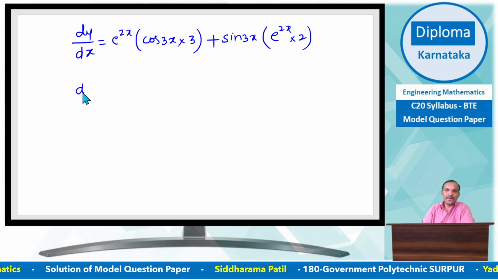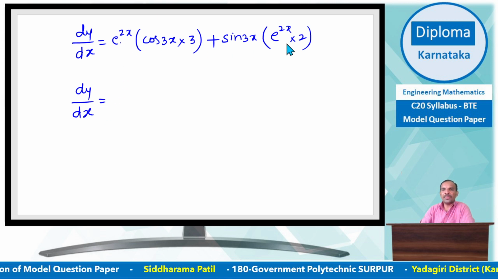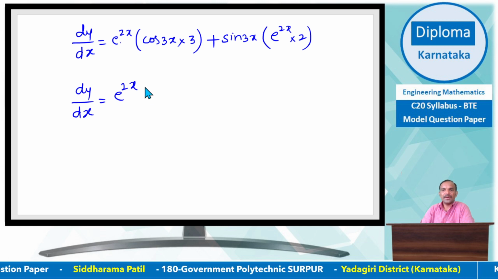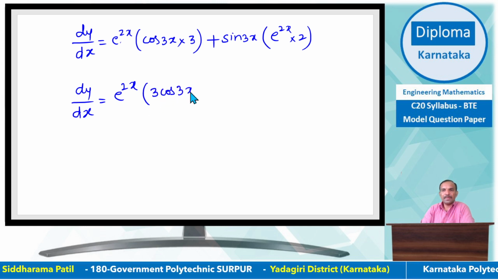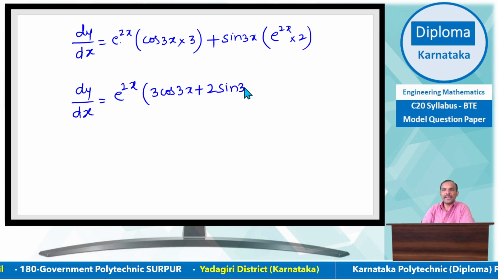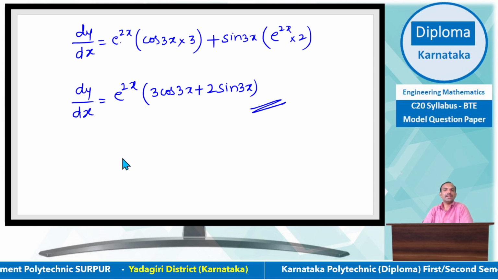That is dy by dx is equal to e to the power 2x common, in bracket 3 cos 3x plus 2 sin 3x. That is the required answer.